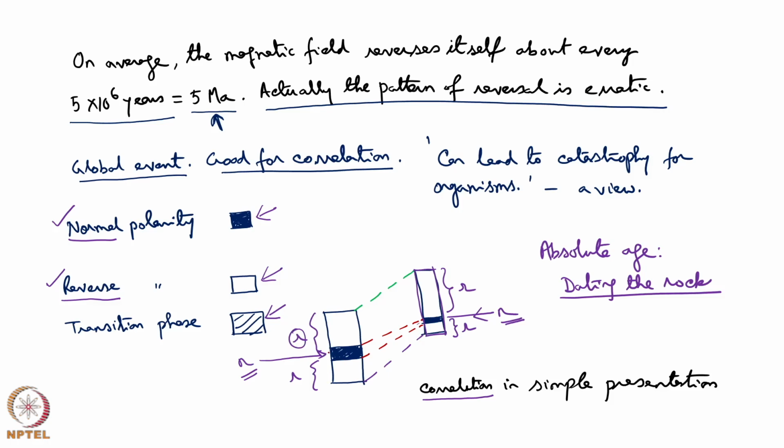Now, from this normal polarity to the reverse polarity, there can be a transition zone. I said the transition zone is presented in this way, so I can draw this transition zone here. It may be possible that such correlation may be made, and here from reverse polarity to the normal polarity there can be a transition zone. So, this also, and here also one, and this can be correlated.